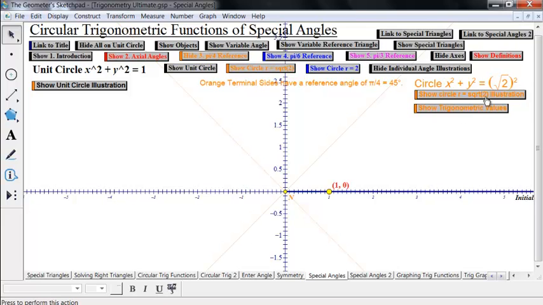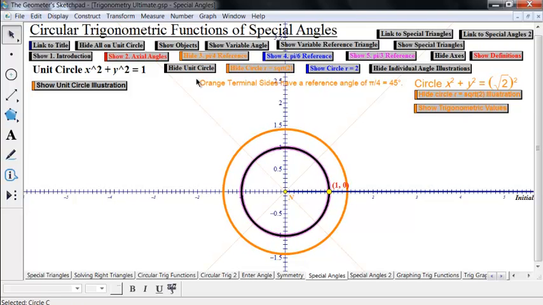So it would be better if we draw a circle of radius square root of 2. Notice that's a little bigger than the unit circle, which has radius 1; square root of 2 is approximately 1.414. So we're going to look not at the unit circle, but at a circle of radius square root of 2.